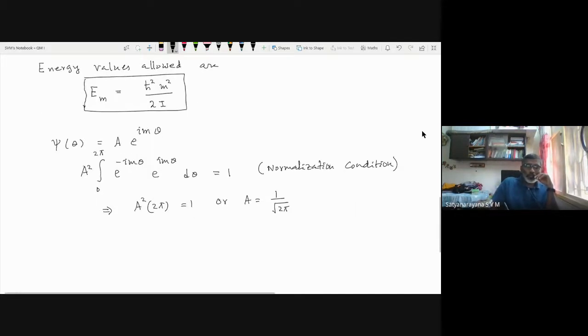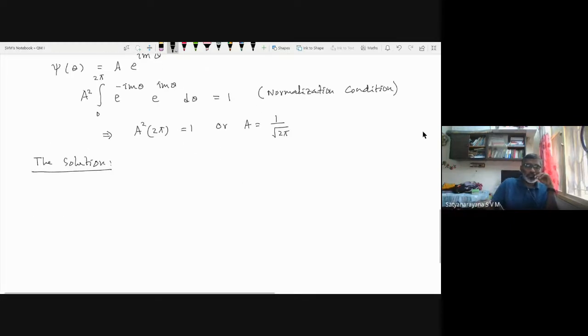So the solution is, we get all the energy eigenvalues and energies. H psi m of theta is equal to E psi m of theta, or E_m psi m of theta.